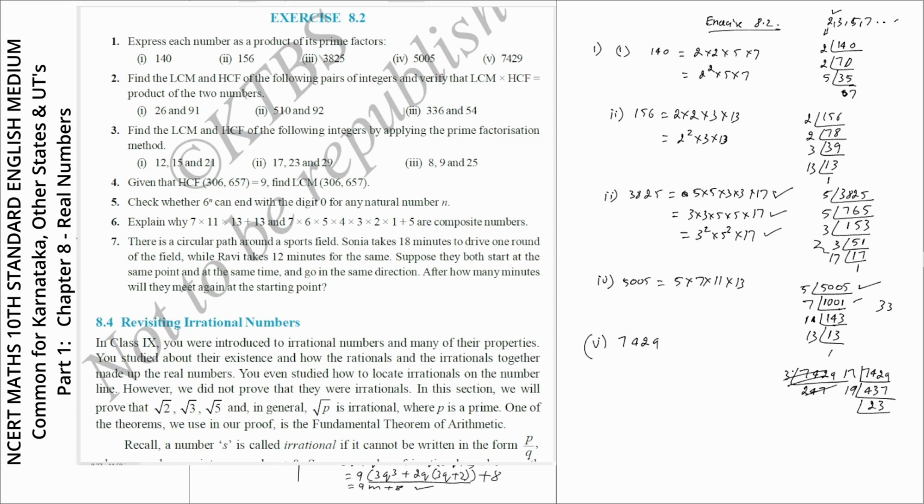Okay. Now 23 also is a prime number. So 7429 I can write as 17 into 19 into 23, and that completes this question number 1.